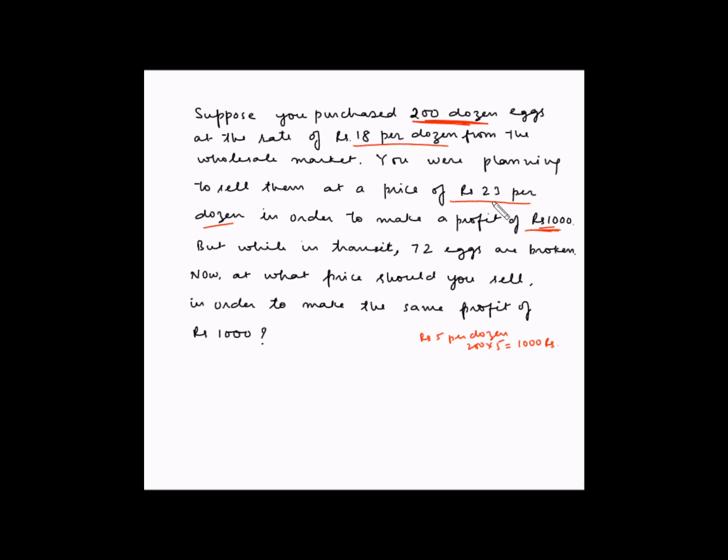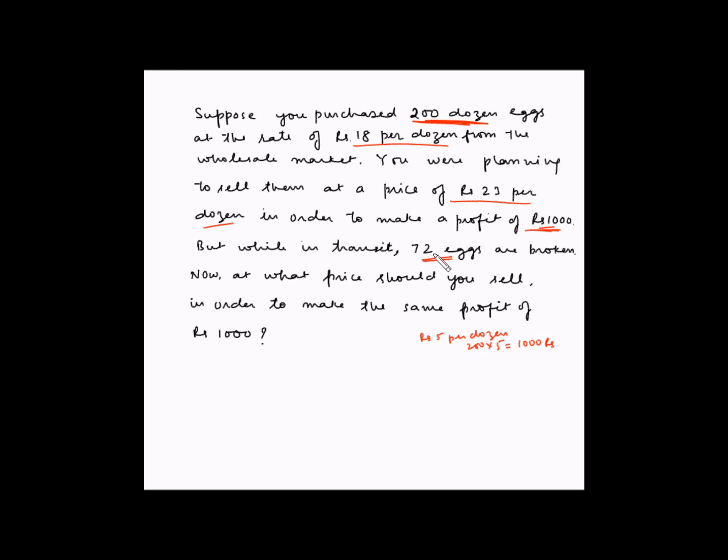So earlier you were planning to sell all the eggs, which is 200 dozen eggs, at a price of rupees 23 per dozen, which would give you a profit of rupees 1000. But while in transit, 72 eggs are broken.